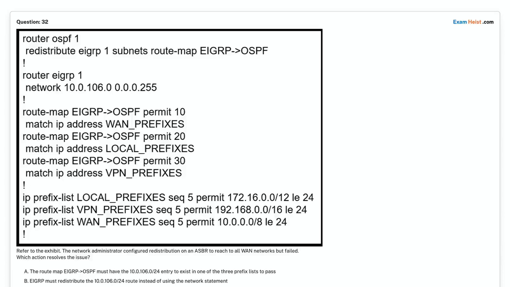Option B. EIGRP must redistribute the 10.0.106.0/24 route instead of using the network statement. Option C. The OSPF process must have a metric when redistributing prefixes from EIGRP. Option D. The route map must have the keyword prefix-list to evaluate the prefix list entries. Choose the correct answer. Correct answer is option D. The route map must have the keyword prefix-list to evaluate the prefix list entries.